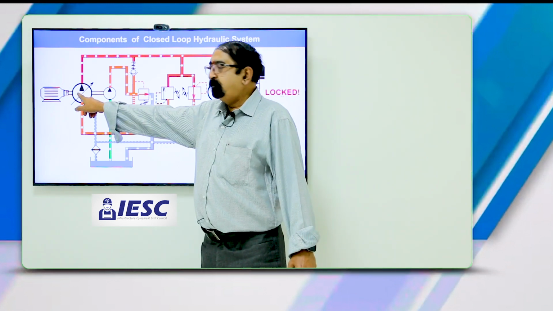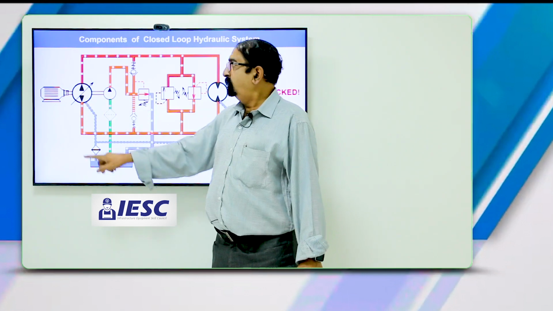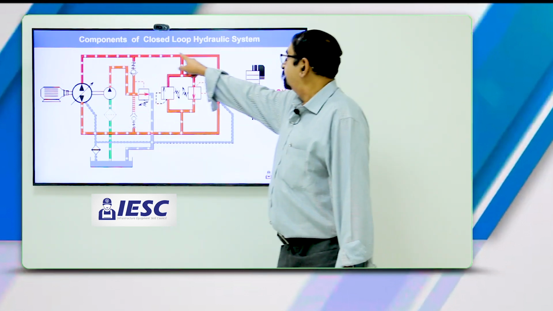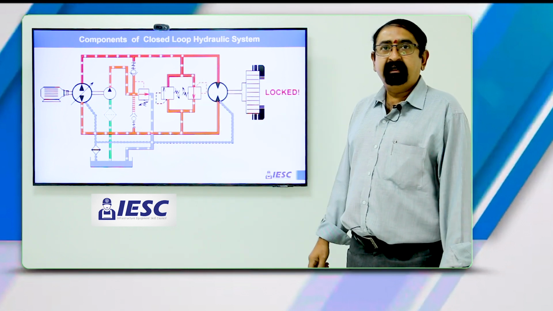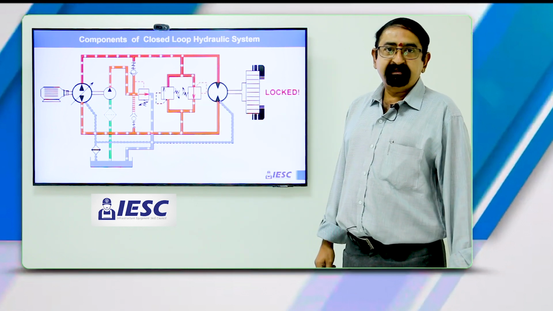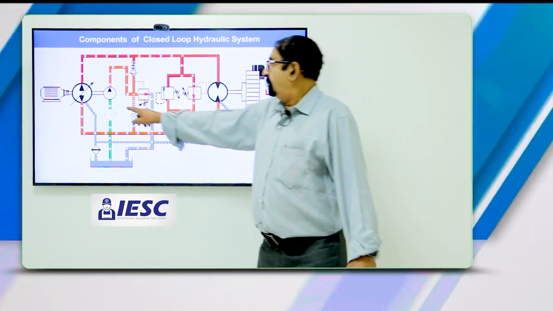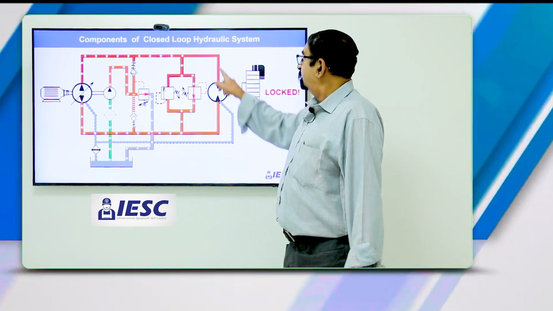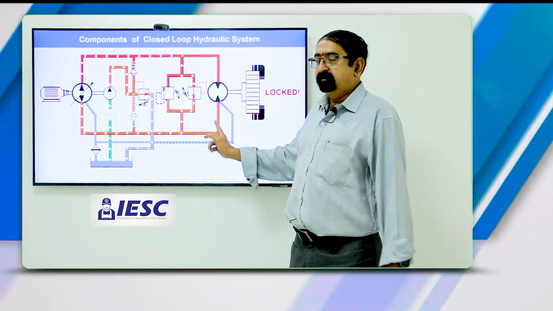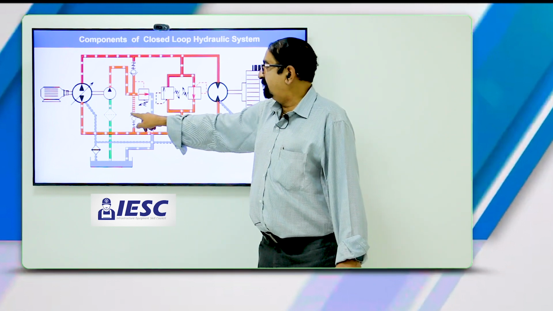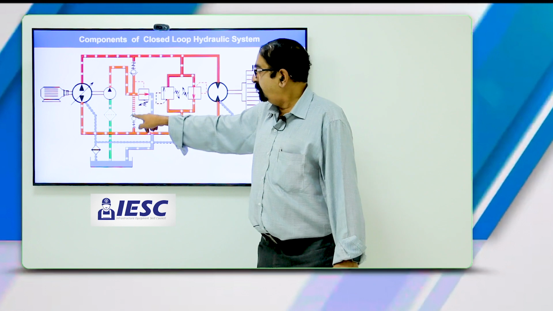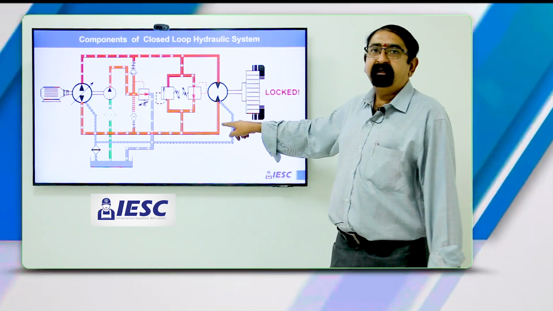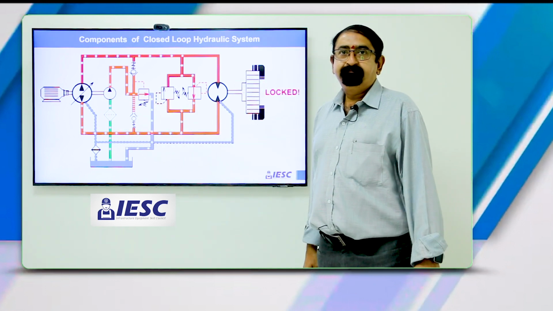When the pump is producing flow, the oil goes from the pump to the motor, and one side of the loop is called the high pressure side and the other side the low pressure side. When the oil is not yet fully replenished in the entire system, the replenishment check valve will open on the low pressure side of the hydrostatic system and allow oil to flow in and replenish it.